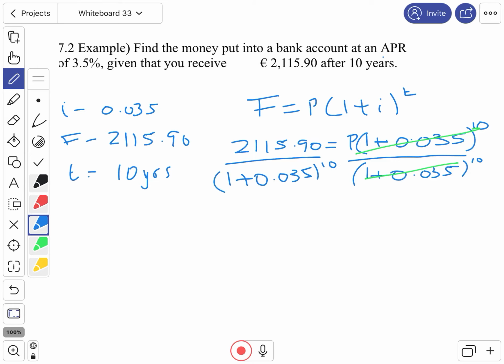So now I end up with P equals, and I put this whole thing into the calculator. When I put that in the calculator, I end up with a value of €1,500. Again, it's been rounded to 2 decimal places.